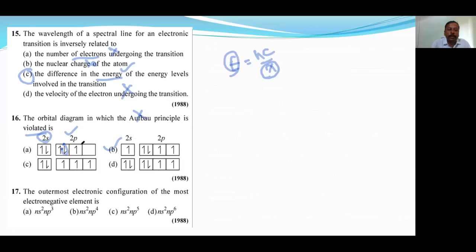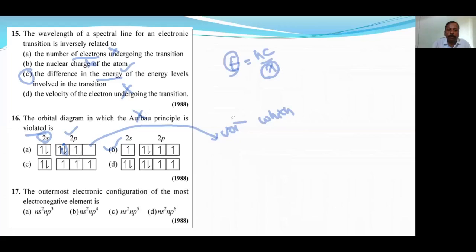Now who will say option A is violating which rule? This is also violating some principle, but which principle? This was an old question above.